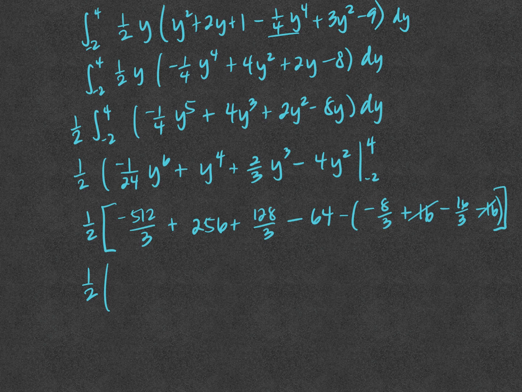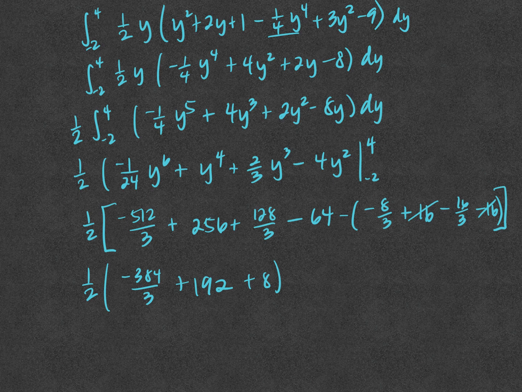I'm going to put the negative 512 plus 128 gives me negative 384. So I have negative 384 over 3. And 256 minus 64 gives me 192. And then I have negative 24 over 3, which becomes a positive 8.